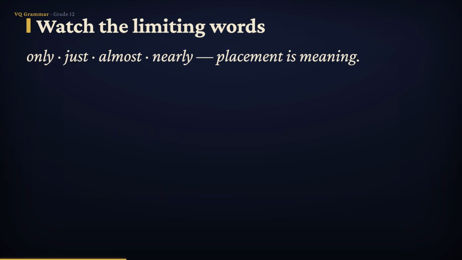Before we leave misplaced modifiers, watch out for a small family of words: only, just, almost, and nearly. These little limiting words are notorious for sliding into the wrong spot, and when they do, they quietly change your meaning. Compare these two.